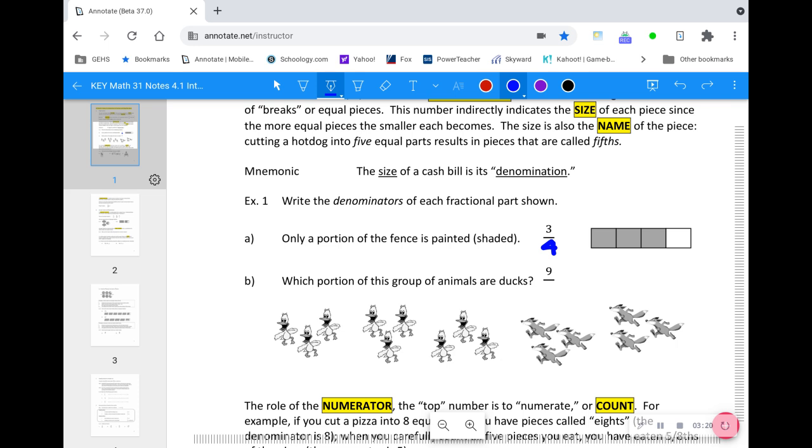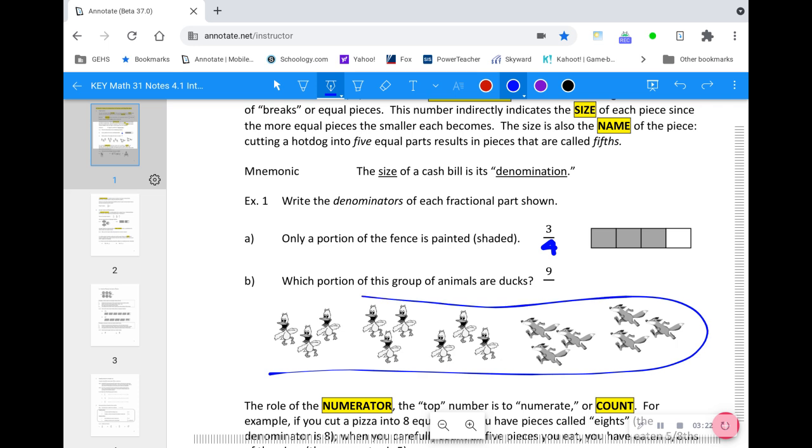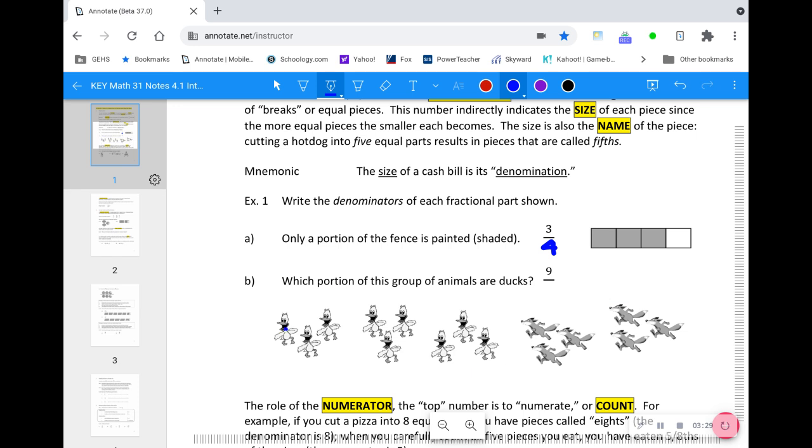So if you look at this large group of animals, what portion of these animals are ducks? Well, there's 1, 2, 3, 4, 5, 6, 7, 8, 9, 10, 11, 12, 13, 14, 15 animals, and 9 of those 15 animals are ducks.